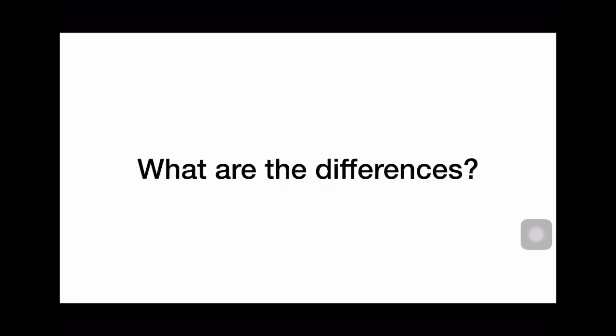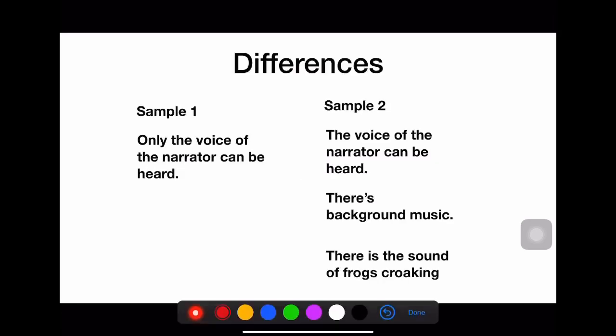So those are the two samples, sample 1 and sample 2. Now let's look at what are the differences between sample 1 and sample 2. In sample 1, we can only hear the voice of the narrator, while in sample 2, we can hear several elements in the podcast.